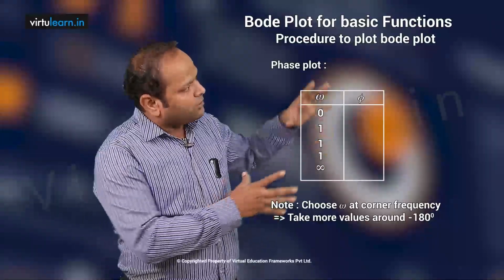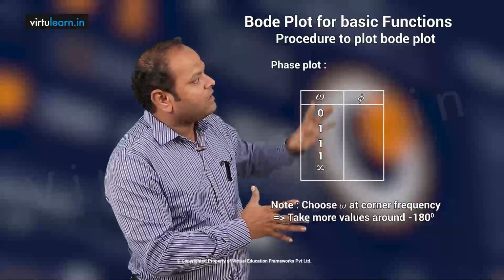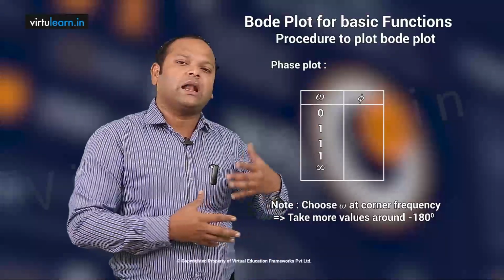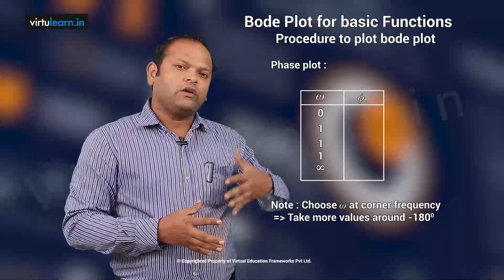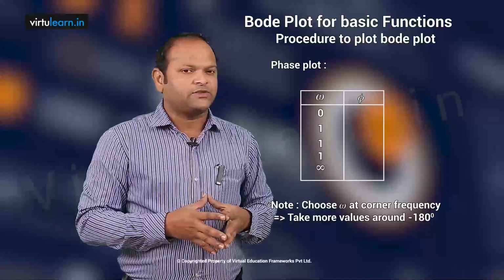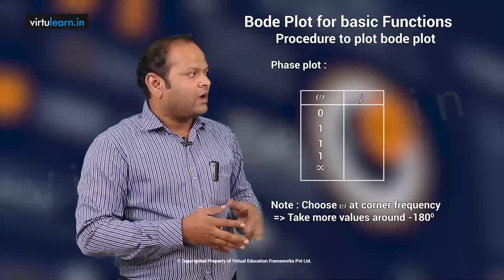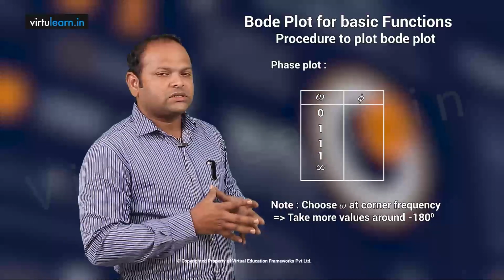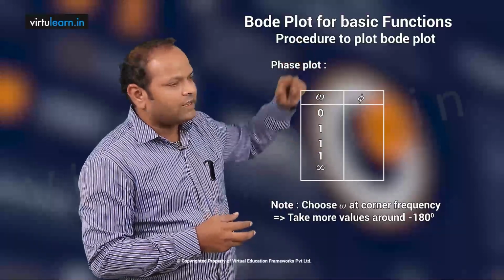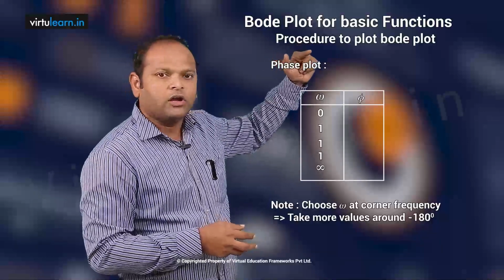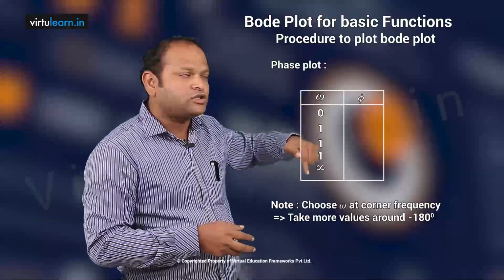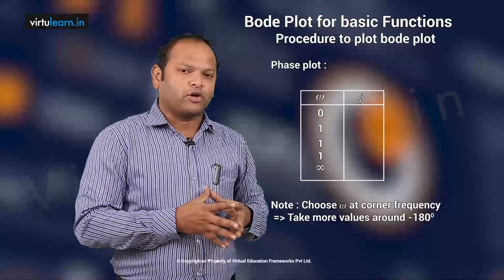We need to draw the magnitude plot and phase plot on the same graph sheet for analysis purposes. We can calculate all the domain specifications and also find the closed loop stability. The same is used in design, because in design we are going to modify either the phase plot or the magnitude plot, and the modification should also be plotted on the same graph sheet.